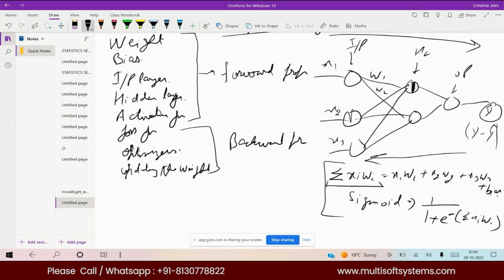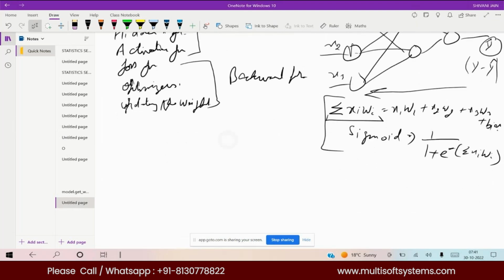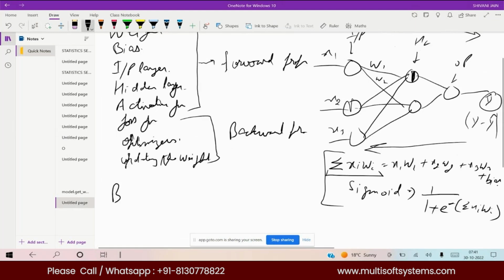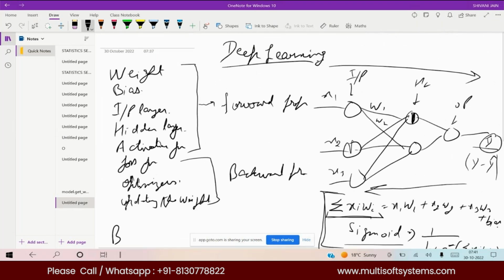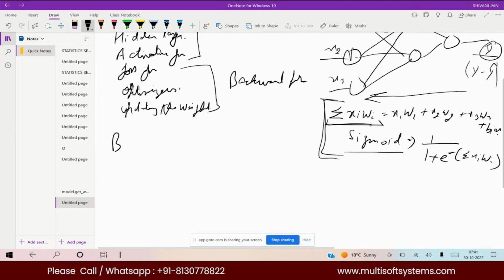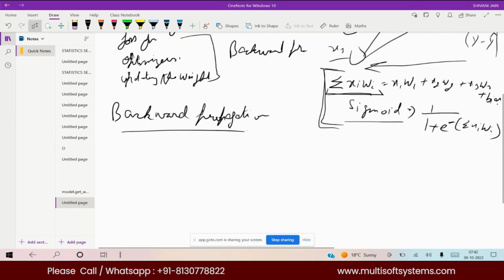So today we are going to discuss backward propagation. What happens in backward propagation? Forward is straightforward. Simply this calculation is happening, applying the activation function and calculating the loss. Only this is happening in the forward propagation. Now the actual mathematics happens in the backward propagation. In backward propagation, it's a two-step process.